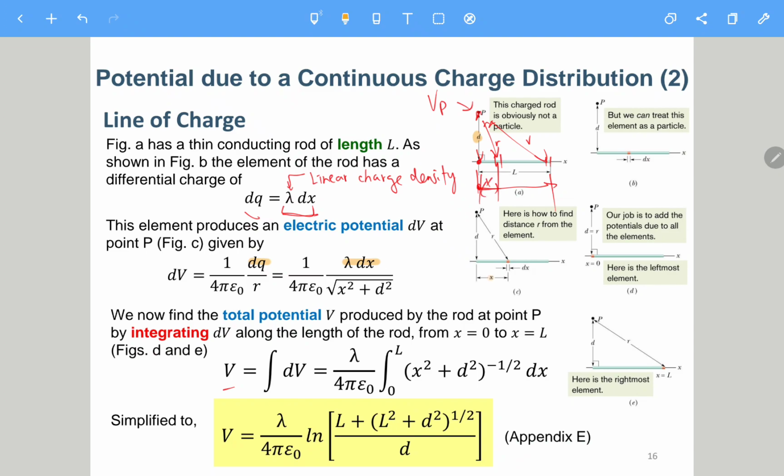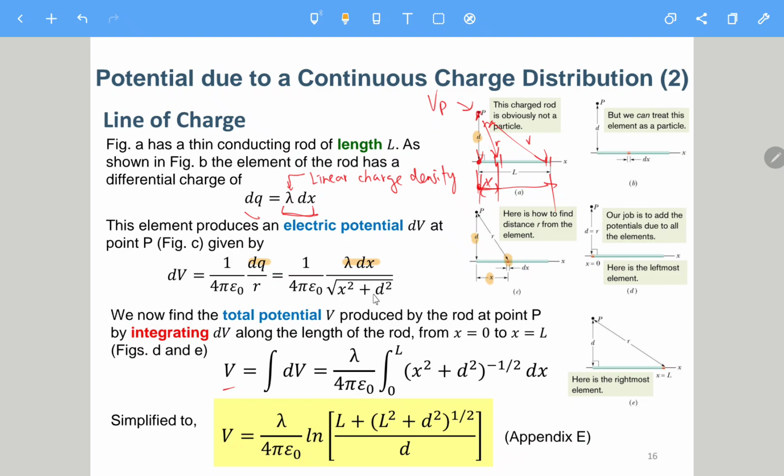You can just look at this figure: this is x, this is dx, and this is d. So r, according to the Pythagorean theorem, is the square root of d squared plus x squared. So r equals the square root of x squared plus d squared. Okay, we have this expression. Now we can start the integration, because this is dx, and the whole expression only consists of the variable x.